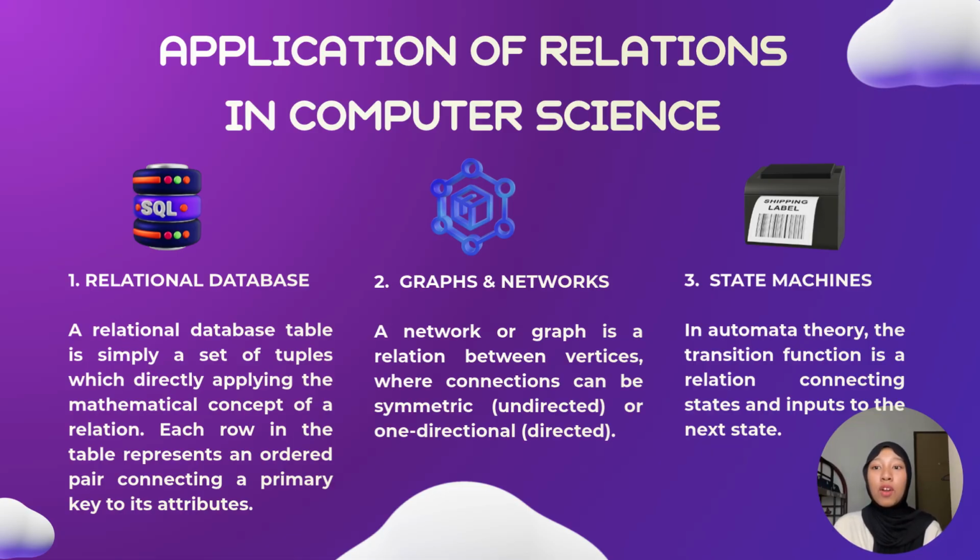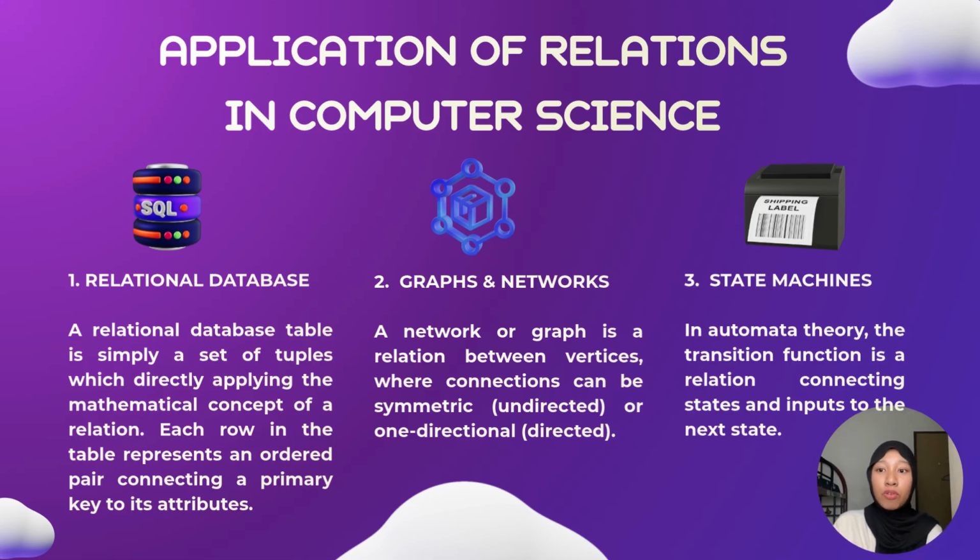Second is graphs and networks. A network or graph is a relation between vertices where connections can be symmetric for an undirected graph or one-directional for a directed graph. For example, social media platforms like Facebook and Instagram use this concept to model friend or follow relationships between users. Since one user can follow many others, this is a relation but not necessarily a function. Third is state machines.